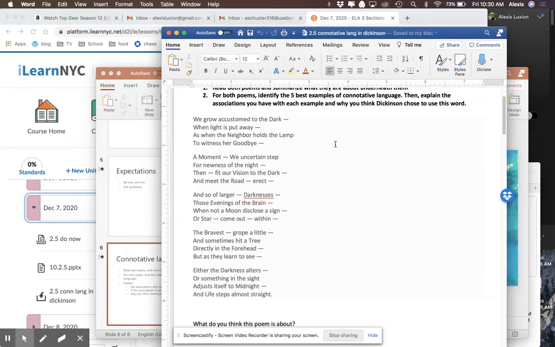And so of larger darknesses, those evenings of the brain when not a moon discloses a sign or a star, come out within. The bravest grope a little, and sometimes hit a tree directly in the forehead. But as they learn to see, either the darkness alters, or something in the sight adjusts itself to midnight, and life steps almost straight.